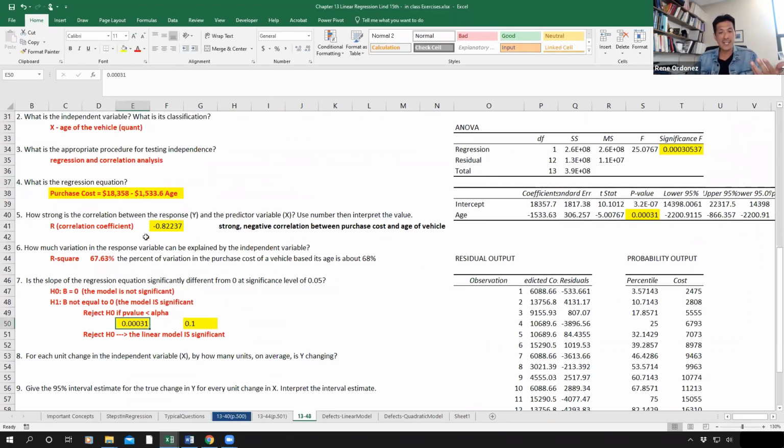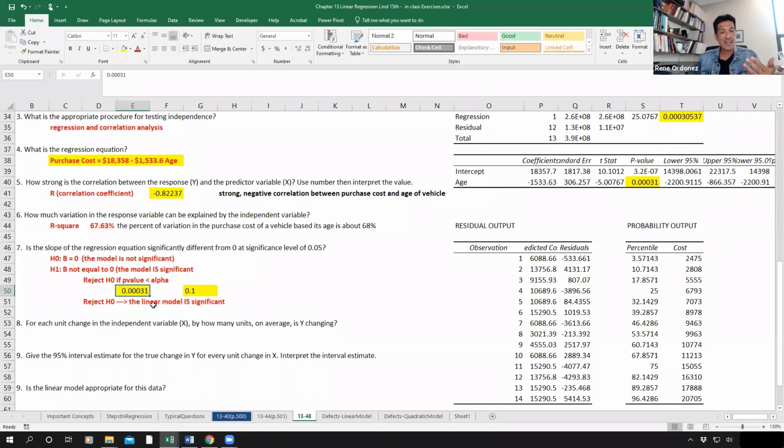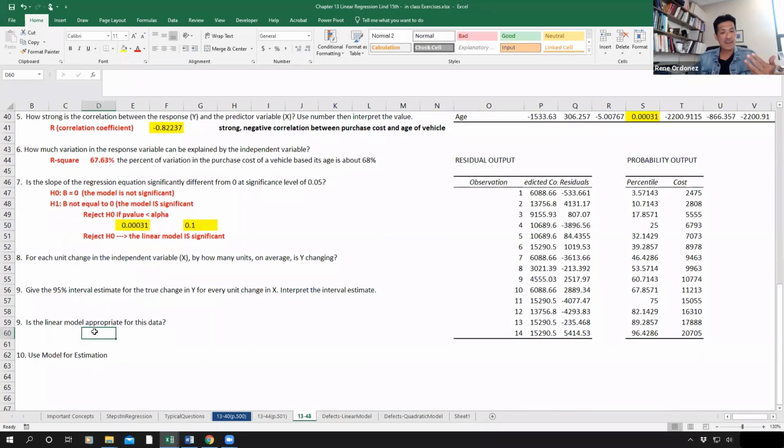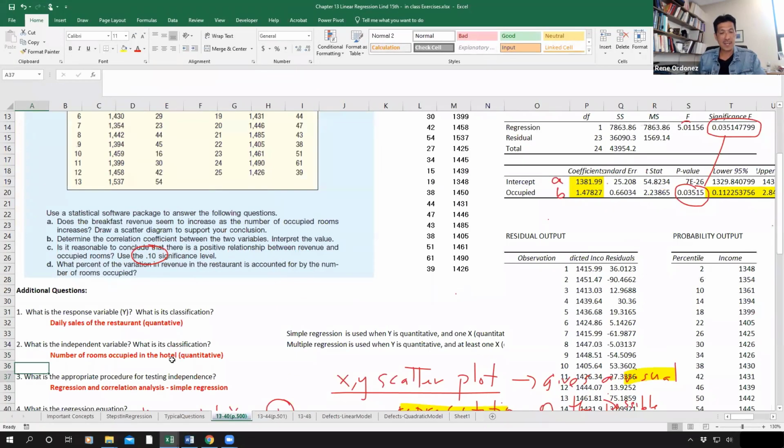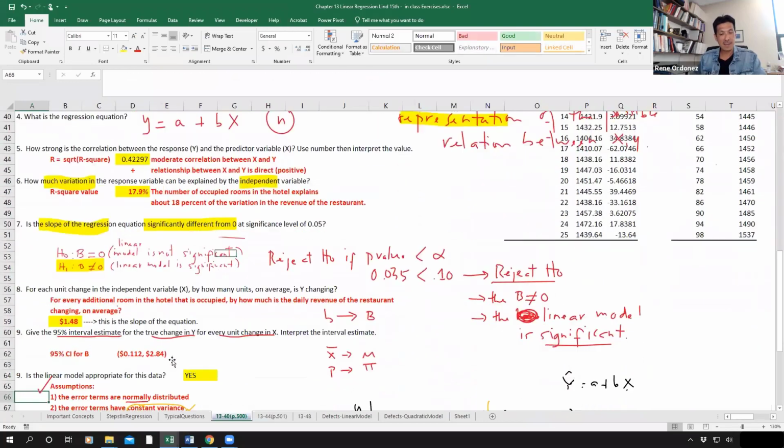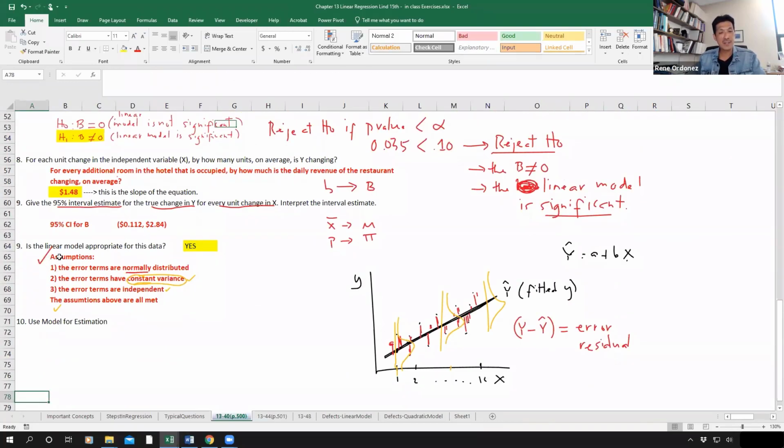So the next step is to determine, over here, number 9, is the linear model appropriate for this data? Okay, so let's go down here and then we'll go back to number 8 and number 9 after we answer this appropriateness test. So for the appropriateness, I'm just going to copy the assumptions so I don't have to retype these.